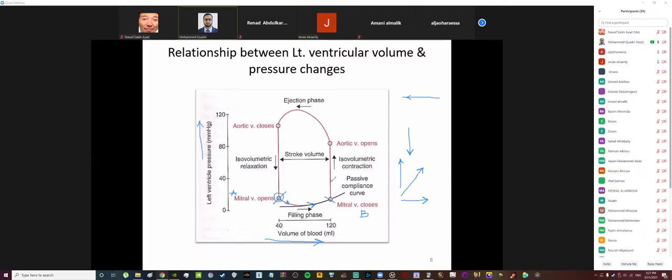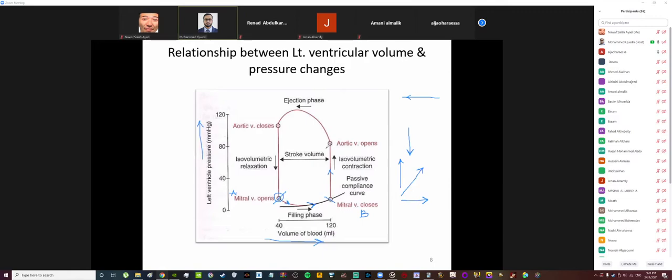Because the aortic valve is already closed, the pulmonary valve is closed, and the ventricle is just contracting. So neither is blood coming into the ventricle, nor is blood going out of it. So when it's contracting as a closed chamber, only the pressure will rise.